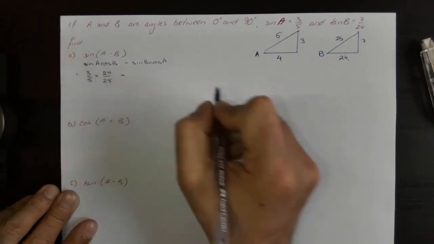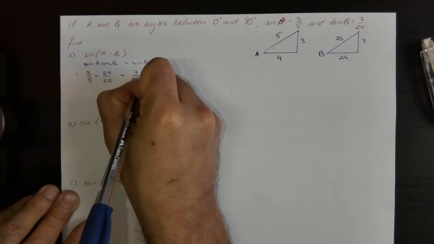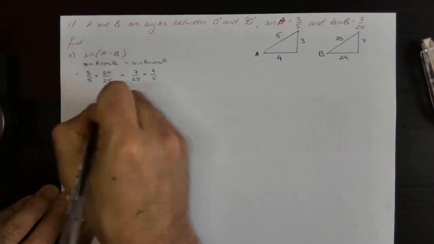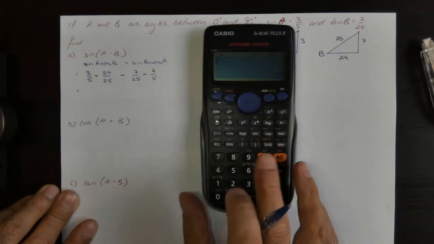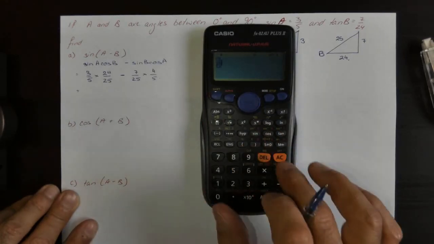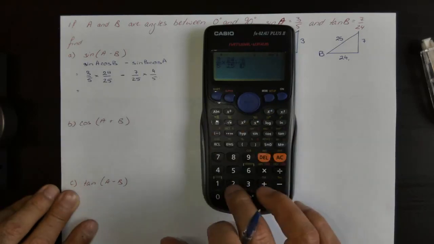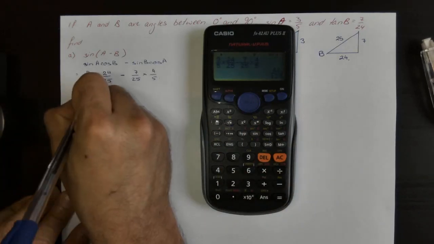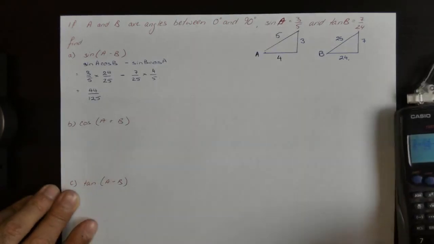We're going to minus sine B, which is 7 over 25, times cos A, 4/5. We can just type that into our calculator, just to speed things up. And we get 44 over 125 is the answer for that.